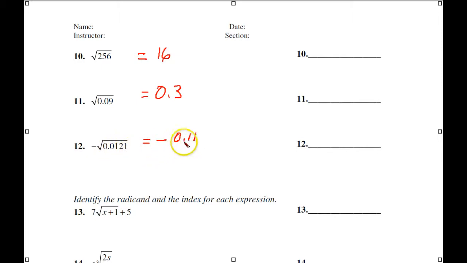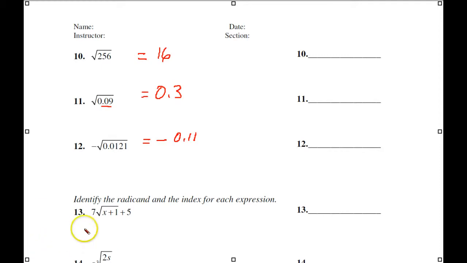Now remember, if you multiply 0.11 times 0.11, you're going to end up with 4 decimal places. Here, 0.3 times 0.3, 2 decimal places. So if you're not careful of where the decimal place is going to be, you might have an error there, so be careful.